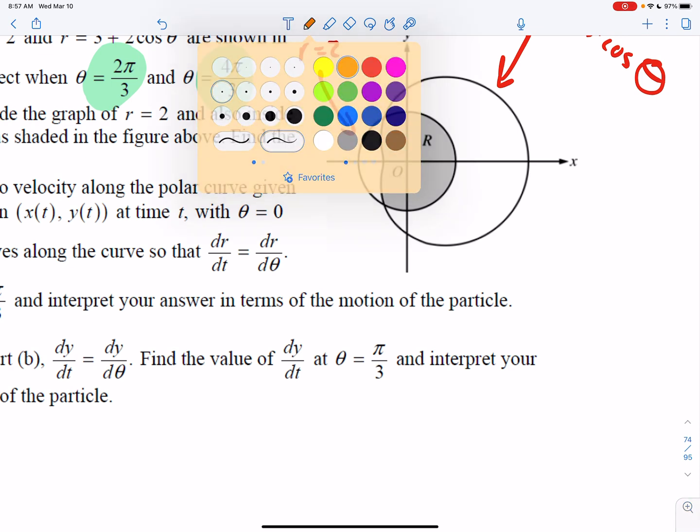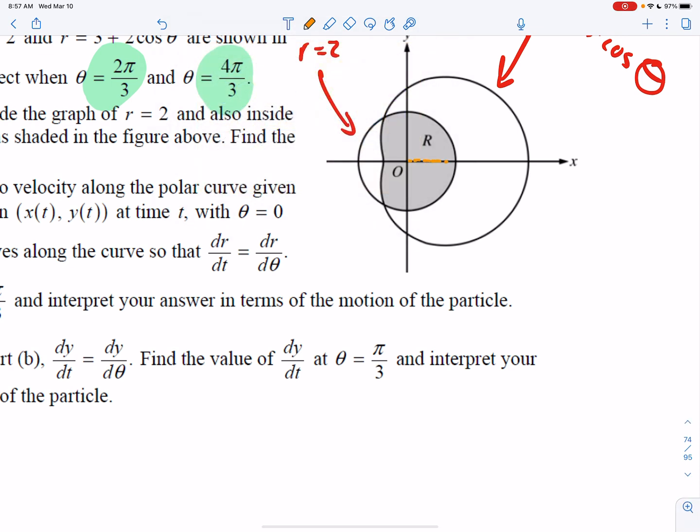When you start on the positive x-axis, remember we're going in a counterclockwise direction here, right? So when you're sweeping out, notice how you're hitting the circle starting at 0 radians, and it'll eventually stop right here, which is where they intersect, which happens to be at 2 pi over 3.